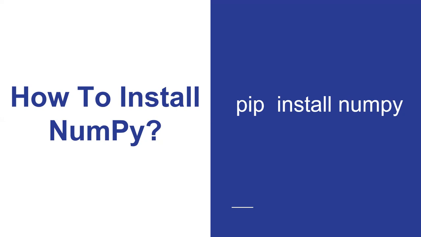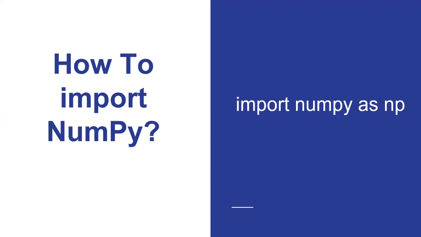In this case, pip install numpy will install NumPy if it's not already installed. But if the requirement is met, it will tell you that NumPy is already installed. So pip space install, then the name of the package, will install it.